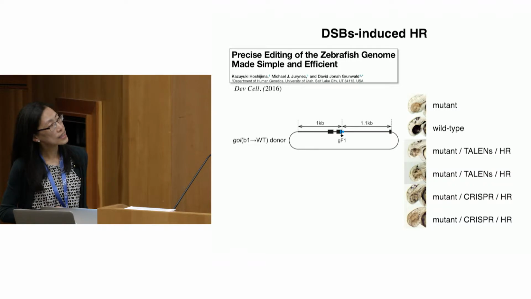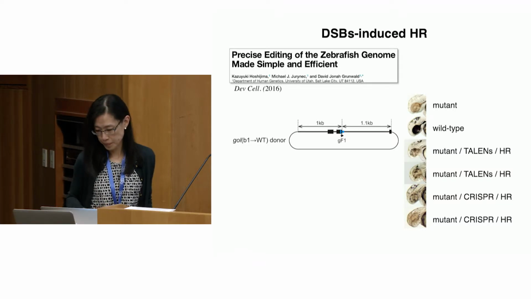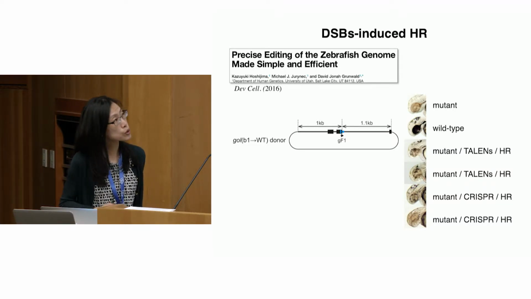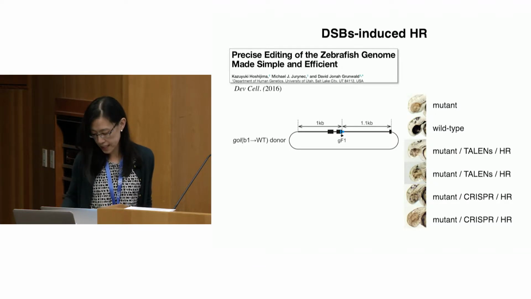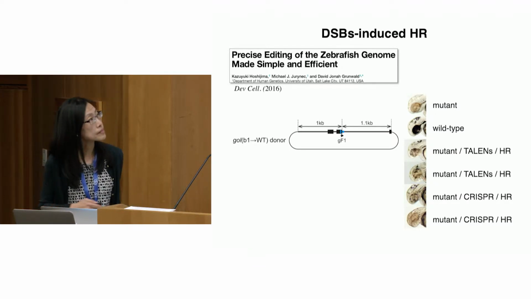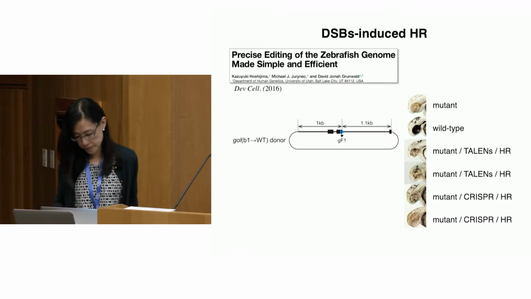And in this study, they used both TALENs and CRISPRs and showed that you can achieve homologous recombination using traditional ways. So this will allow you to do more complicated genome engineering.